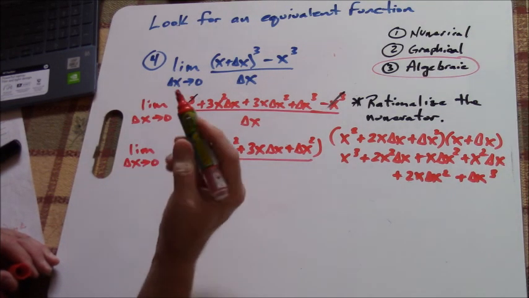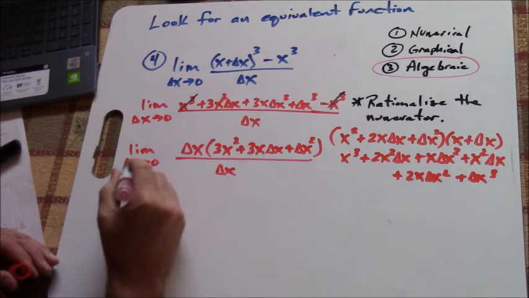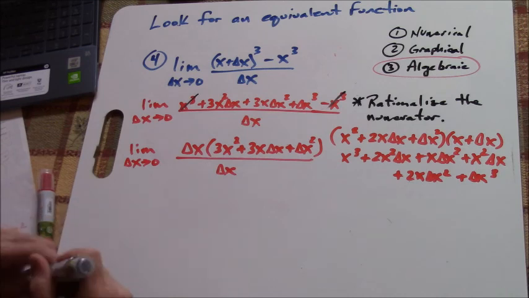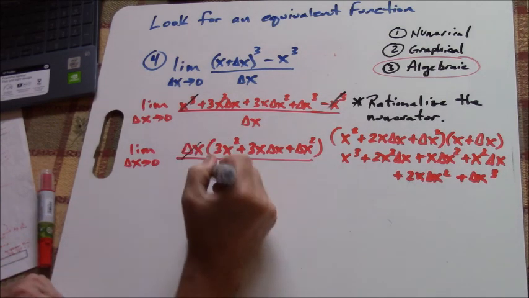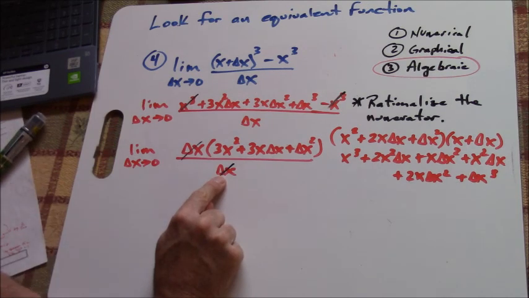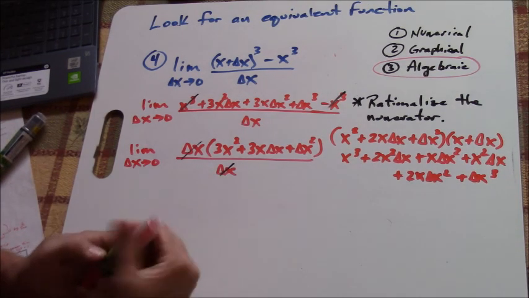I've got like a little piece of fuzz that's smearing everything I write. Great. Alright, so that divided by that equals 1. So I'm now no longer getting 0 in the denominator.